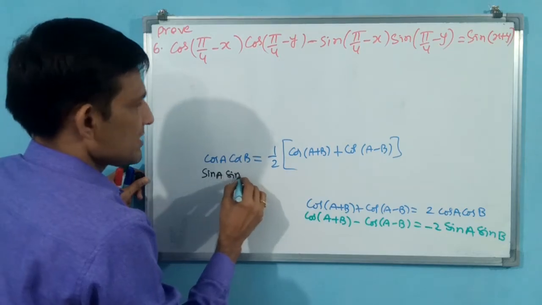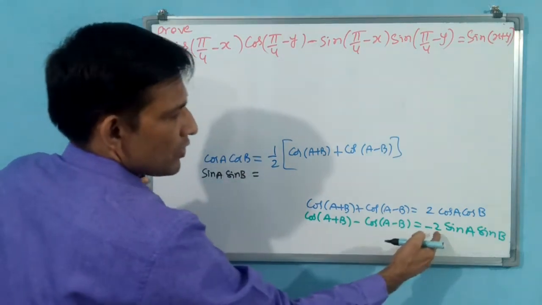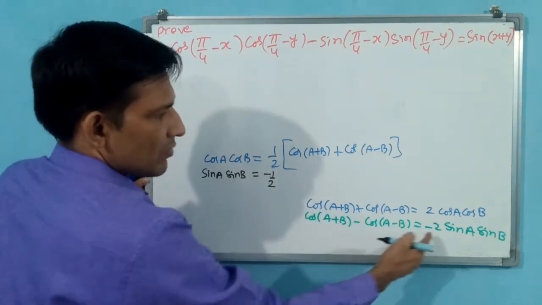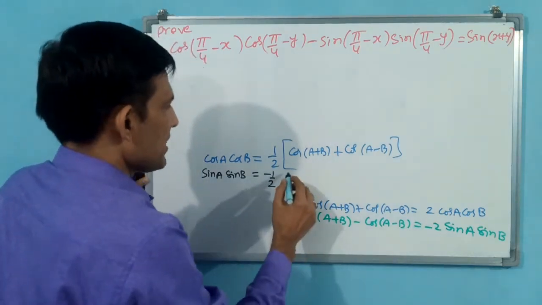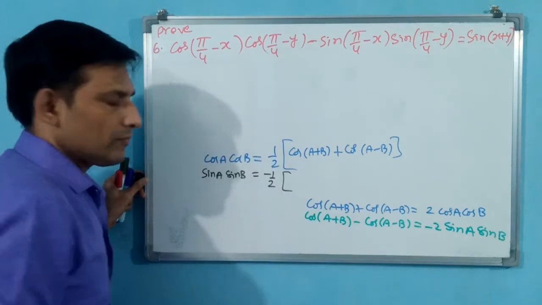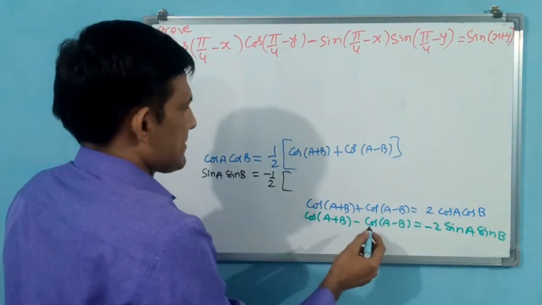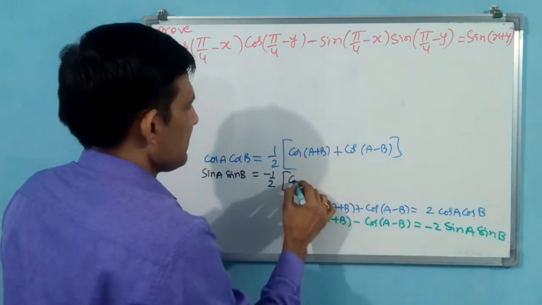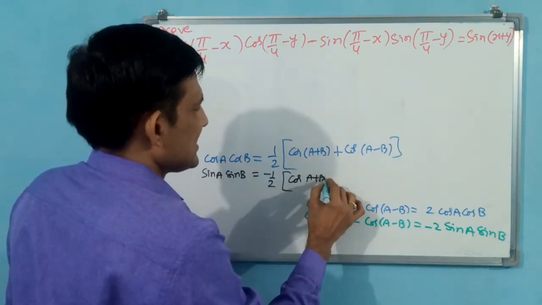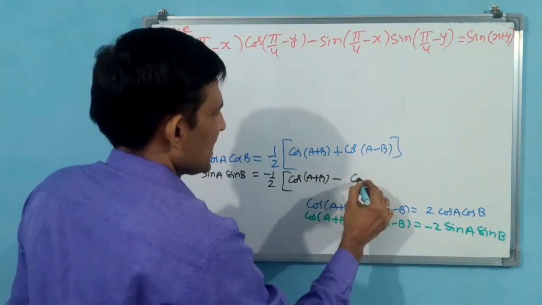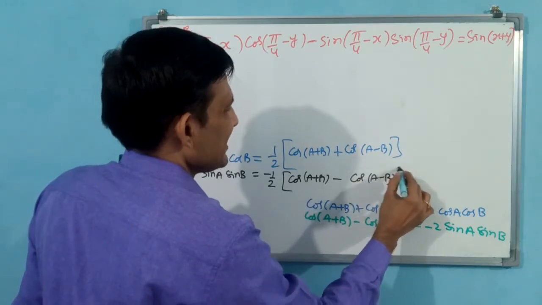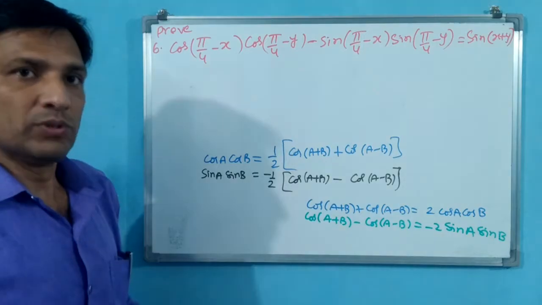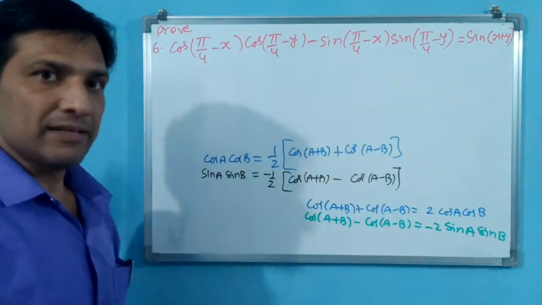Sin a sin b is equal to minus 1 by 2, you shift here. Why? Because this minus also you are going to shift. Minus 1 by 2 into cos of a plus b minus cos of a minus b. Okay, like this you have to convert these two, then you are going to get that final answer.